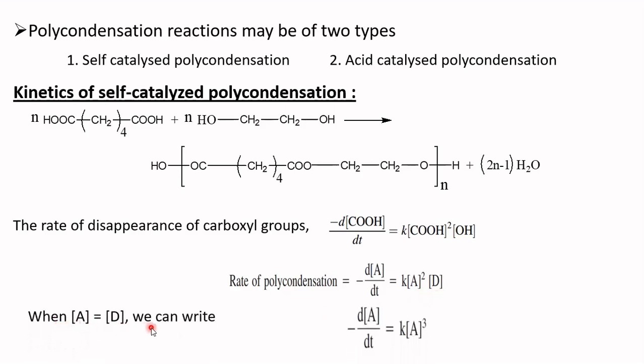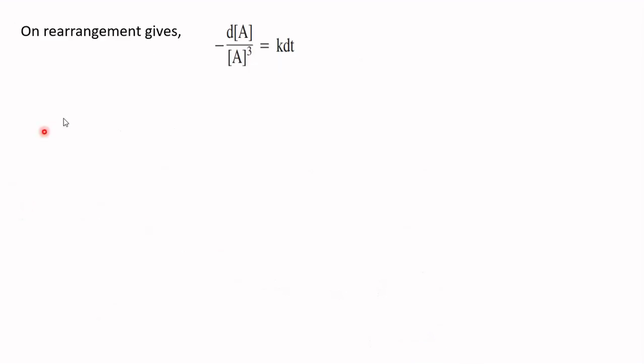So when A is equal to D, we can write it as minus dA/dt equals k into A to the power 3. Then you rearrange this equation, you will get minus dA/A^3 equals k dt.